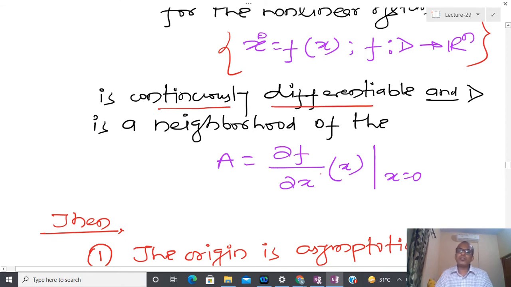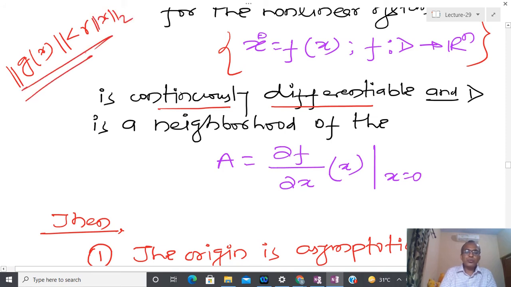If it is not continuously differentiable, then I cannot say that g(x) is bounded by gamma times the norm of x; that is no longer true. Because g(x) depends on f, I am assuming that f is continuously differentiable. So if f(x) is not continuously differentiable, I cannot apply this kind of theorem.